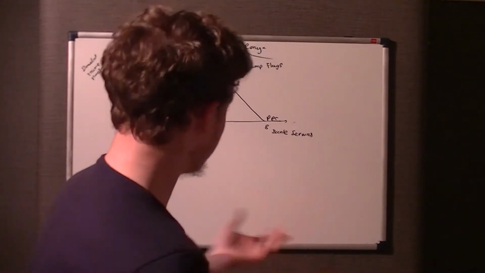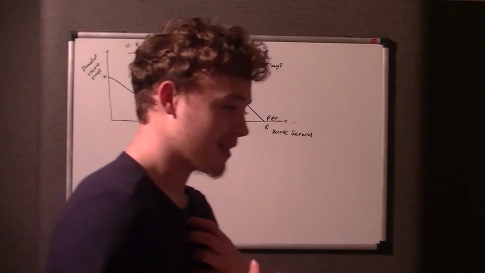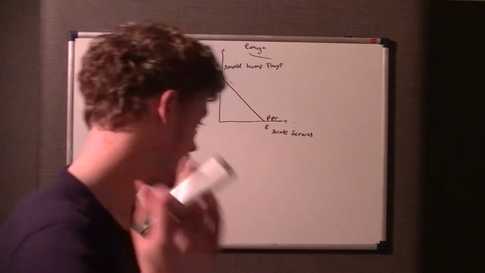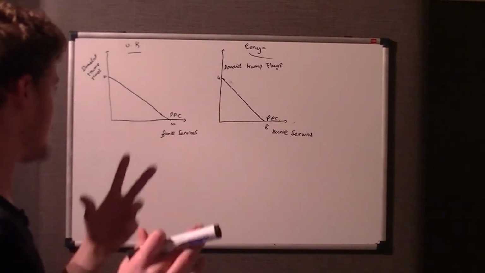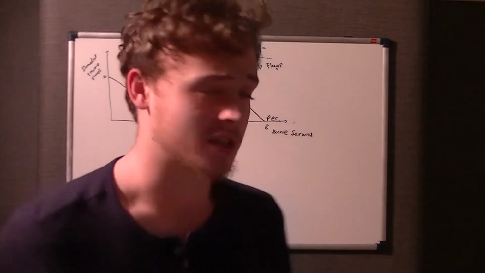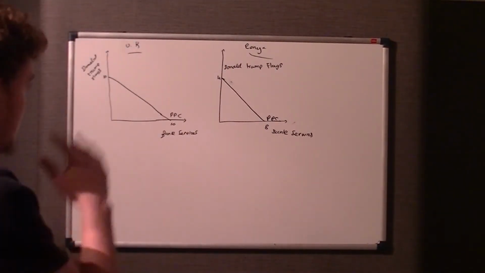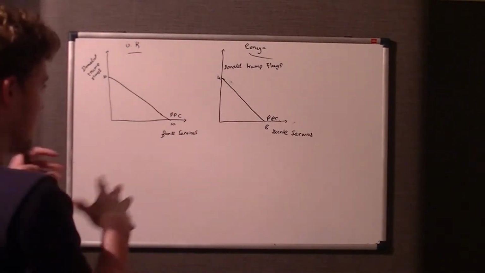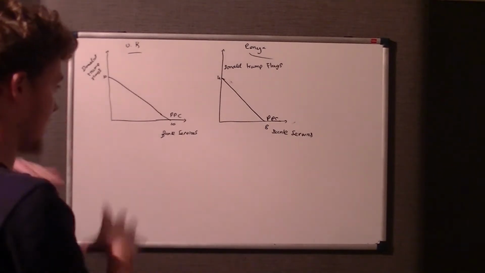Either way you think of that doesn't matter. The key thing is they have the same amount of factors of production for each country, even though they produce different amounts of different things.